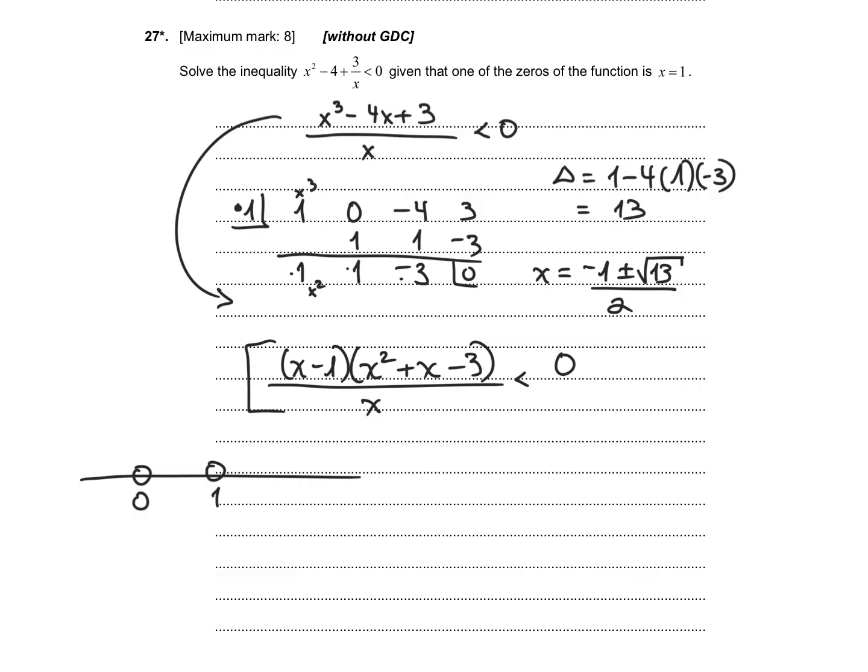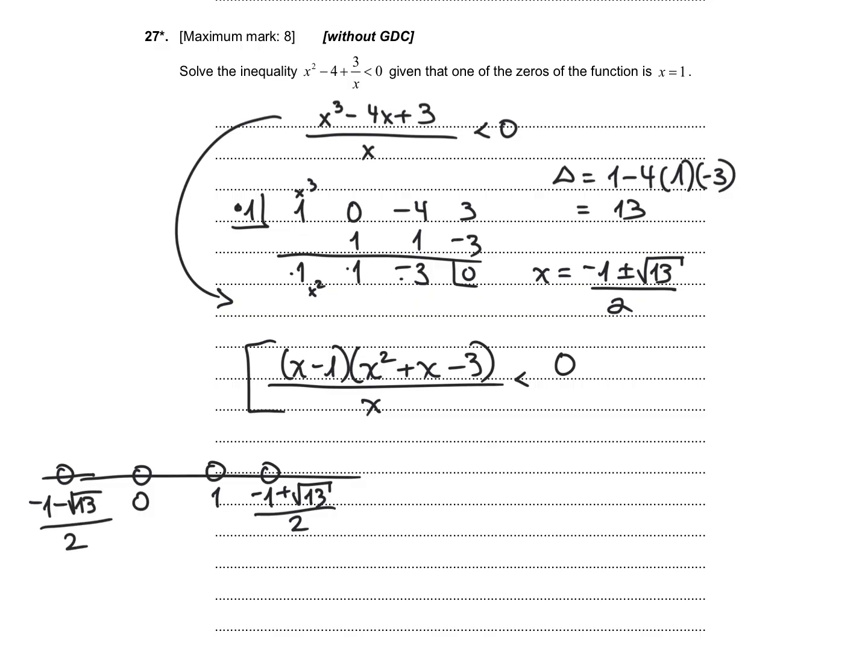So if we do negative 1 plus 4, that's a little bit over, divide by 2. So negative 1 plus about 4 is over 1. It's going to be 3 over 2, so 1.5. So it's over here. So we'll do negative 1 plus root 13 over 2. And then if we do negative 1 minus 4, which is negative 5 over 2, so it's going to be over here. So negative 1 minus root 13 over 2.